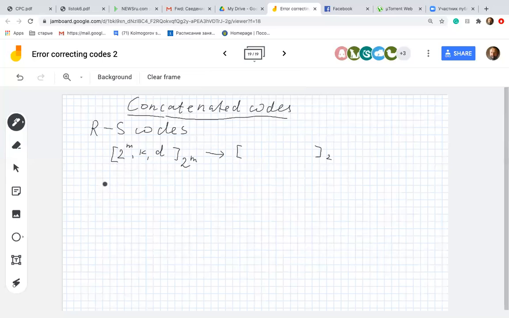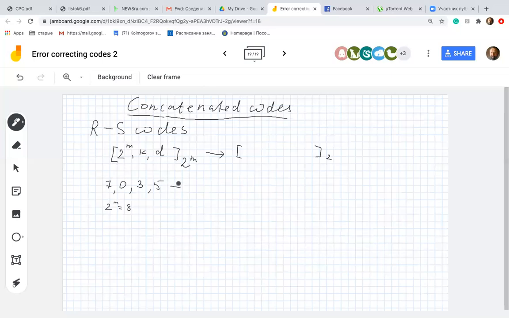For instance, if we have a code word 7, 0, 5, assuming that m is 3, so we consider these digits as elements of the field of 8 elements.